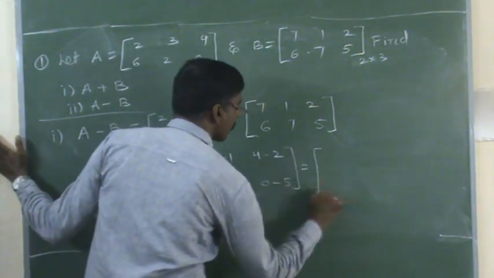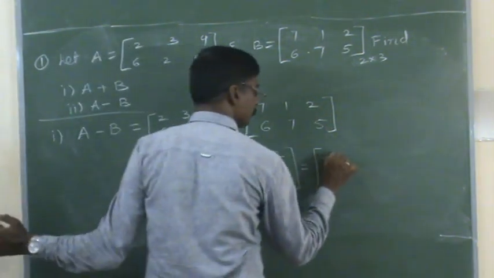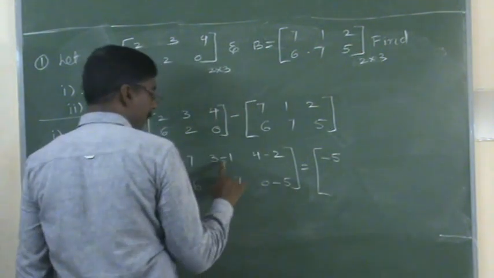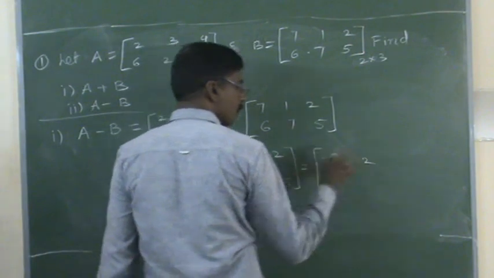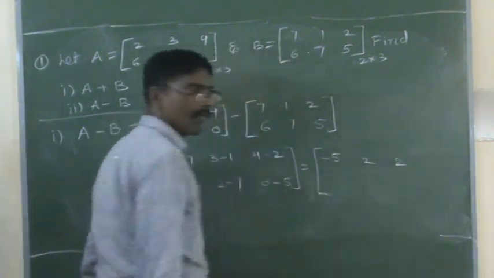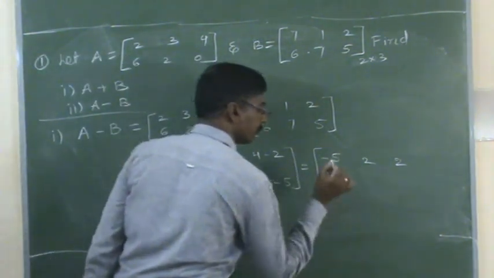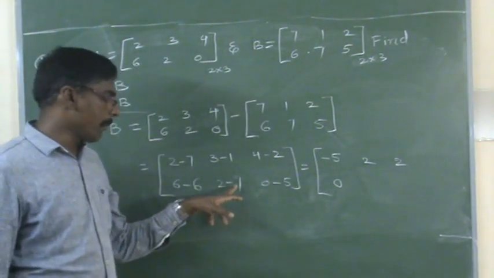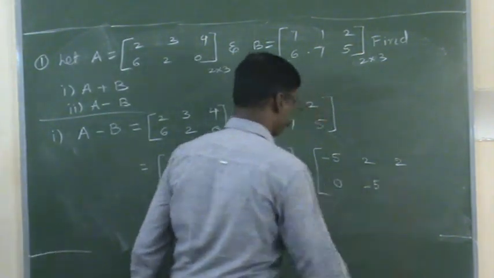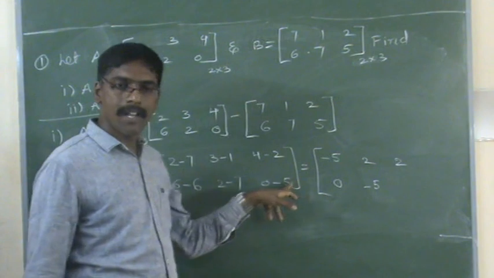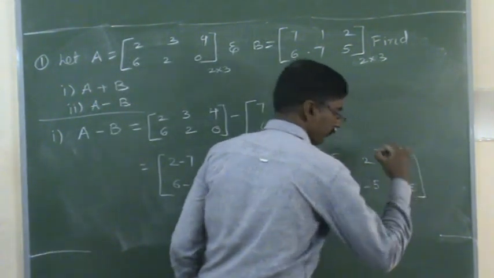See what answers will come. 2 minus 7, minus 5. 3 minus 1, 2. 4 minus 2, 2. Then 6 minus 6, 0. Then 2 minus 7, minus 5. 0 minus 5, minus 5.